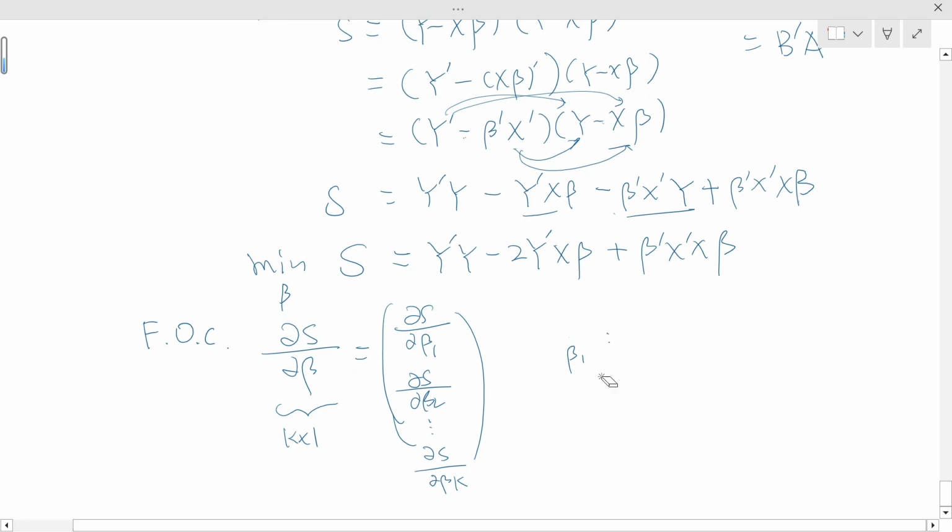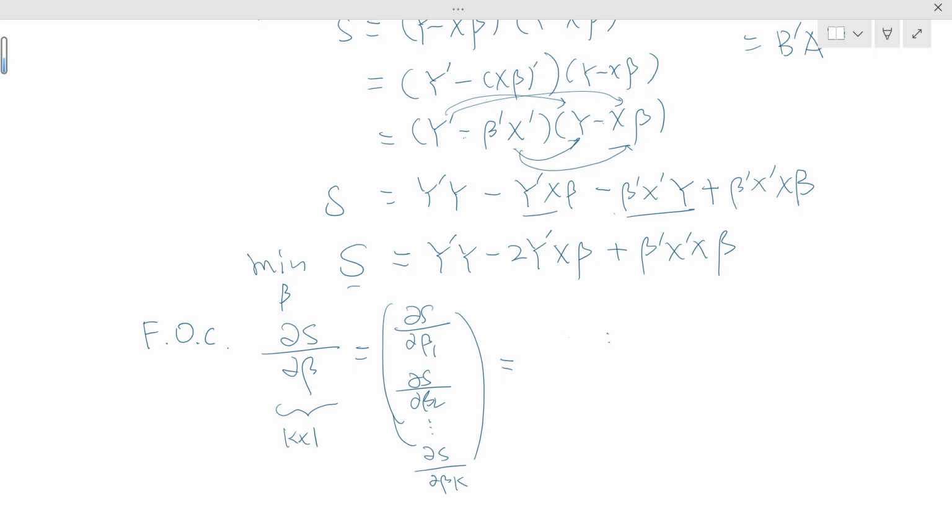If you are familiar with linear algebra, it should be easy for you to differentiate this with respect to beta. So I'm going to give you the result, and in case you are not familiar, I'm going to show you in more detail why that's the case.